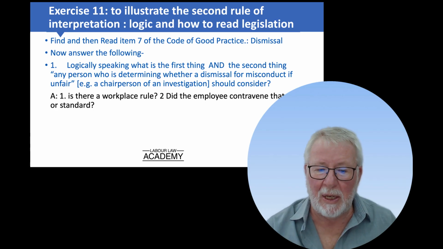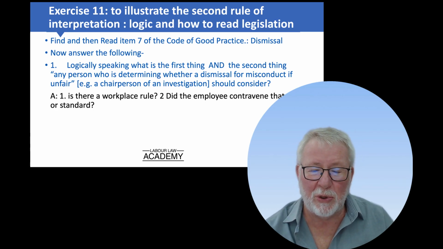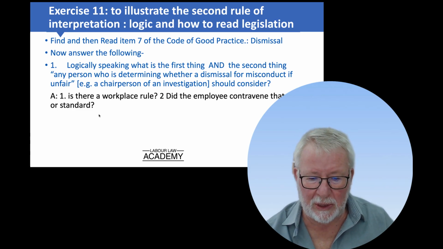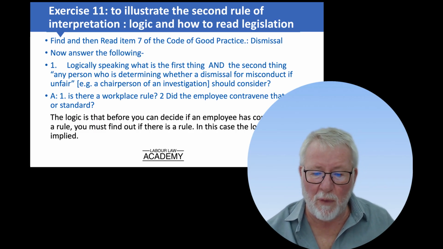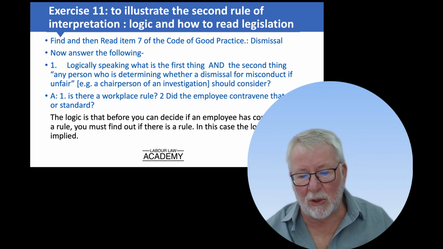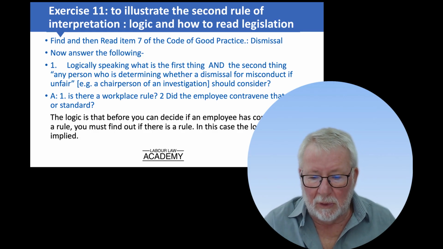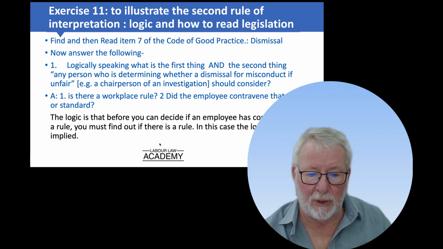Logically, there must be a workplace rule before an employee can be found to have contravened that rule. Does that make sense? I hope so, because this is quite key to understand. So the logic is that before you can decide if an employee has contravened a rule, you must find out if there is a rule. So it's an implied logic. Right. 2.